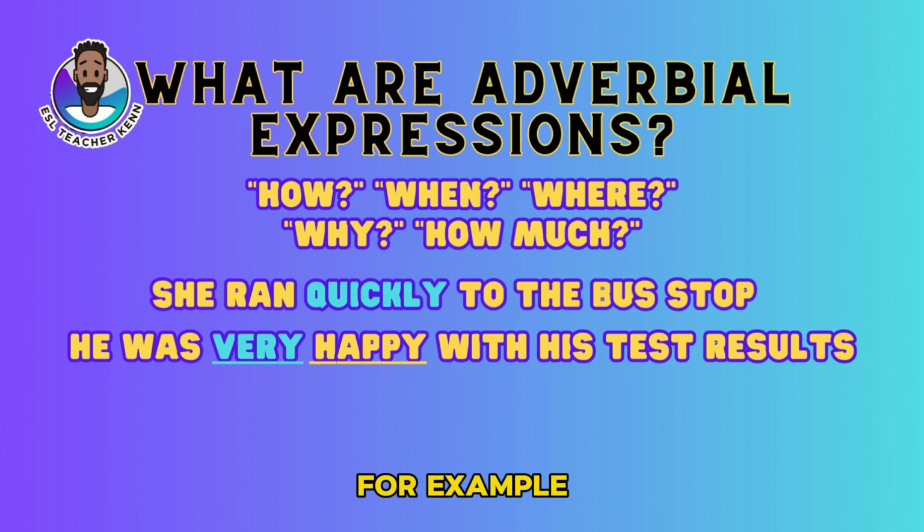For example, in the sentence, she ran quickly to the bus stop, the word quickly is an adverb that modifies the verb ran and answers the question, how did she run?